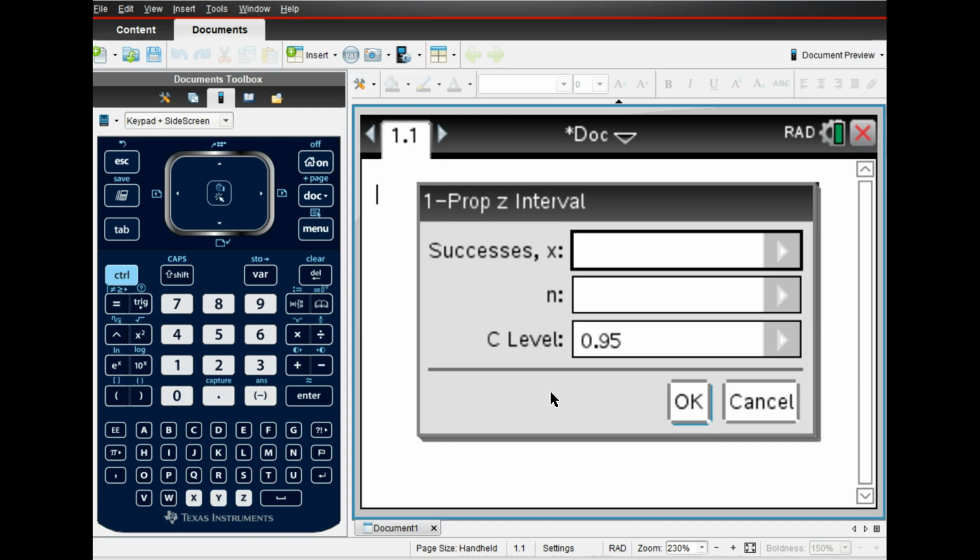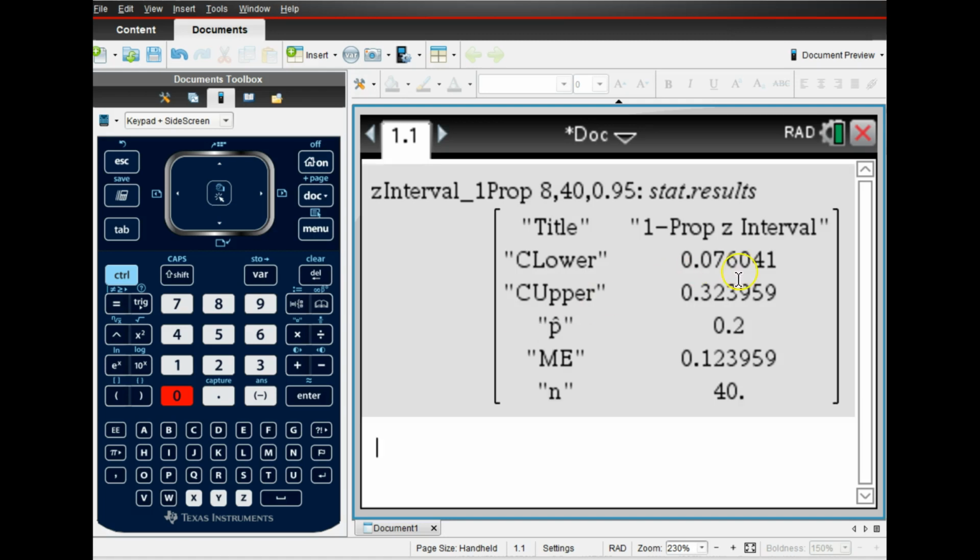And it's very easy to use. So it's your number of successes. In the example I gave, I said number of successes was 8, number of trials was 40, and I did give a confidence level of 0.95. Okay, so let's see what we end up with here. You can see right here, there's our lower bound of our interval.